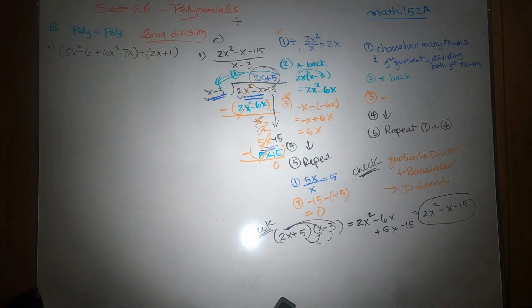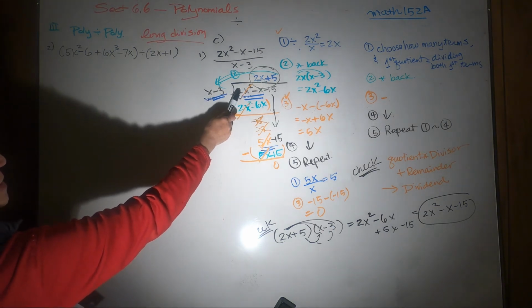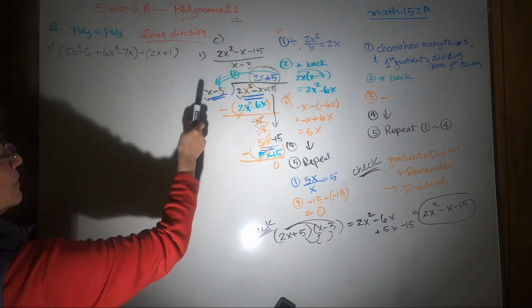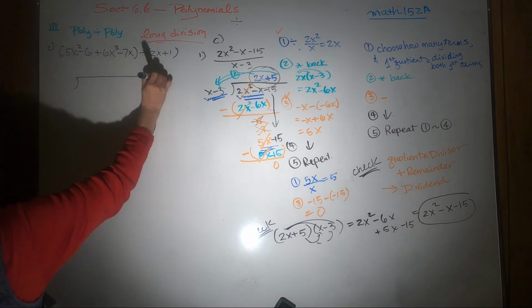How many terms do we have? 4, then 2. Long division. However, we have to compare gradually.